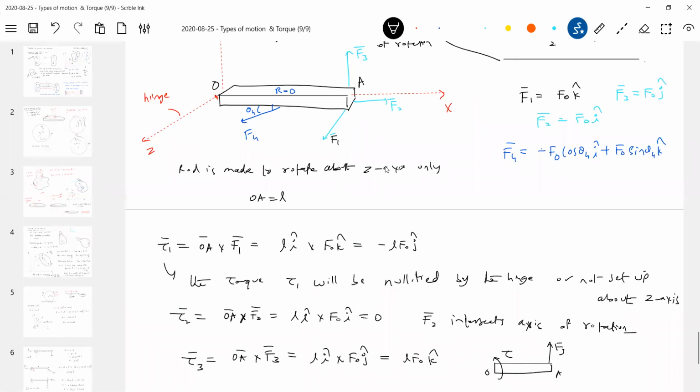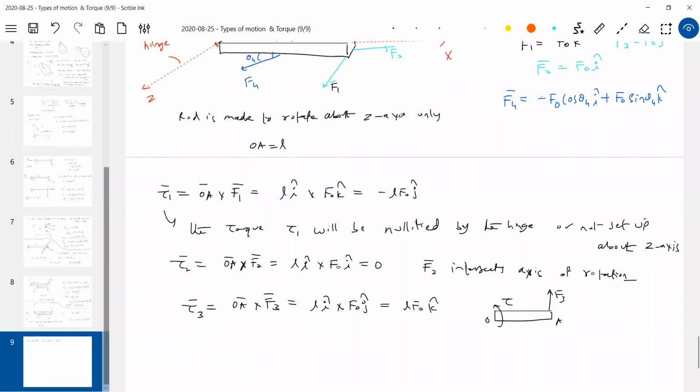What about due to F4? F4 lies in which plane? XZ plane, no? This component of force intersects the axis of rotation. What about this? This force acts parallel to the axis of rotation. Therefore, the torque due to force F4 will be 0 about the z-axis.